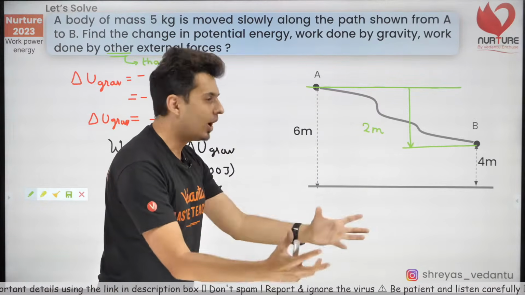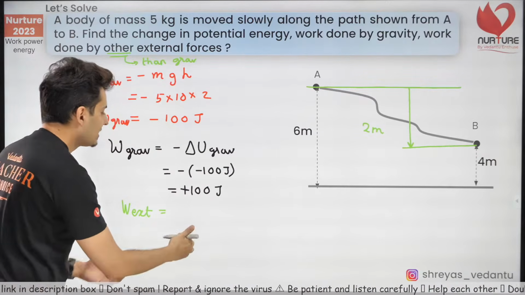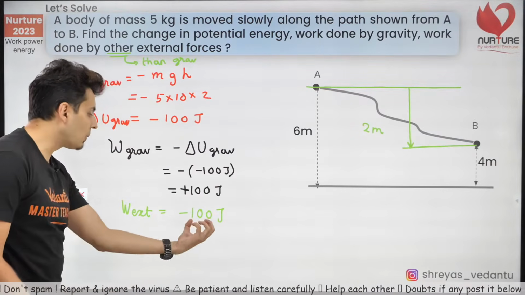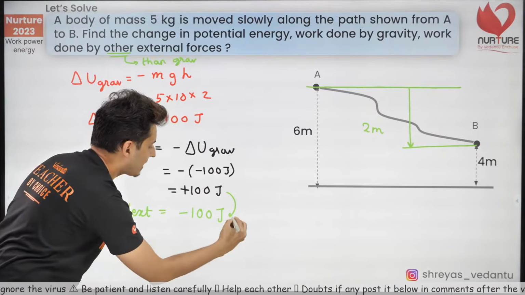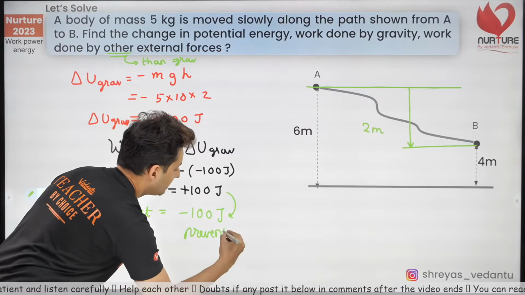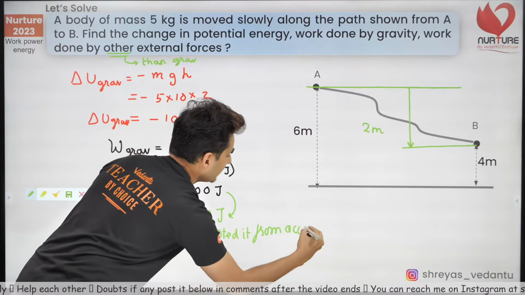No, right? So what did that external force do? It absorbed that kinetic energy. That means it would have done minus 100 joules. So the external work absorbed all that energy back and it prevented it from accelerating.